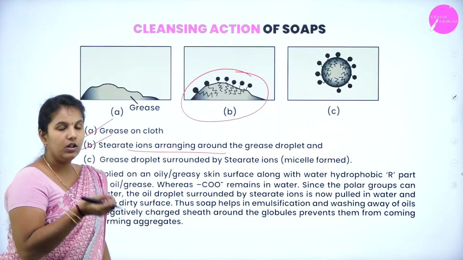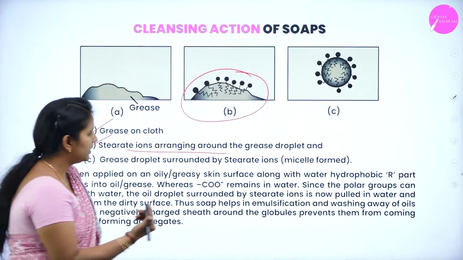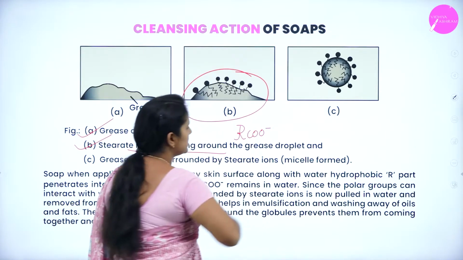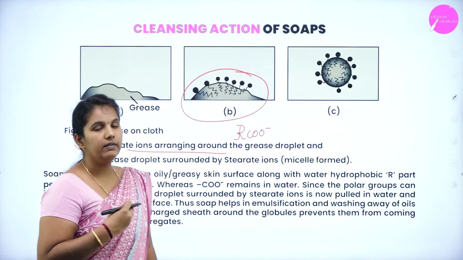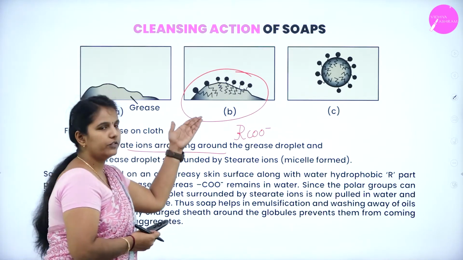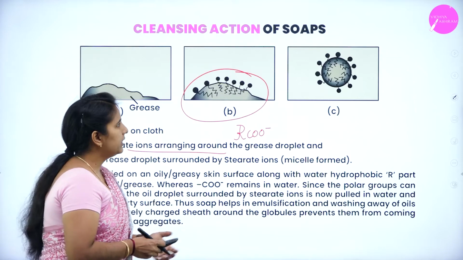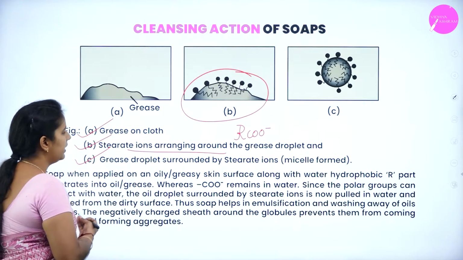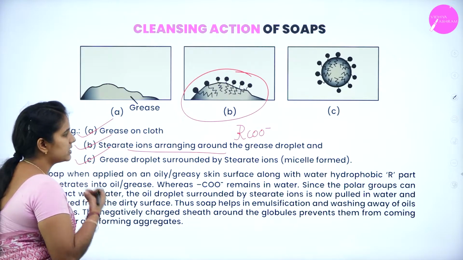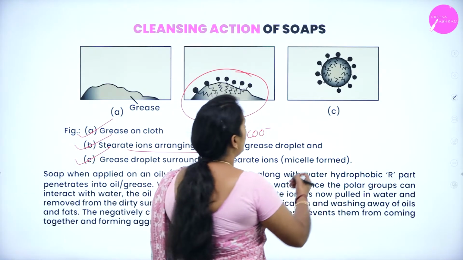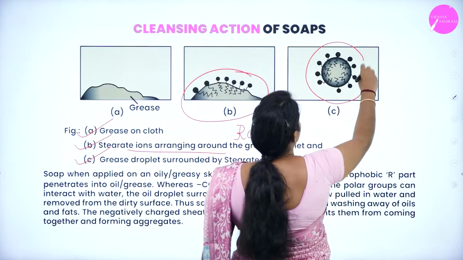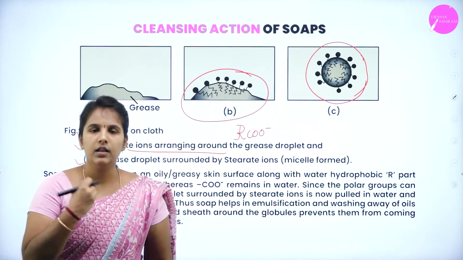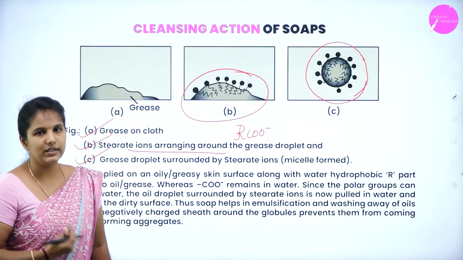On the grease, the stearate ion, that is RCOO minus, will get attached on the surface of the oil droplet. In the third diagram, you can see the grease droplet surrounded by the stearate ions, resulting in the formation of a micelle. You can see that the micelles will be formed on the entire surface of the grease.